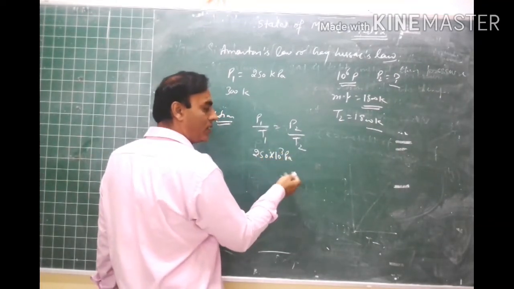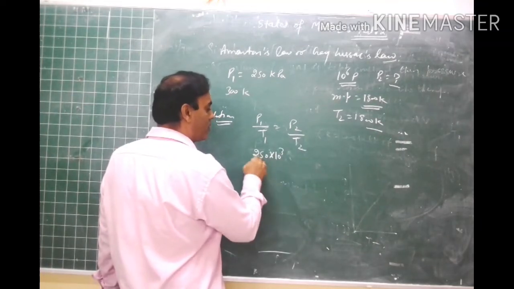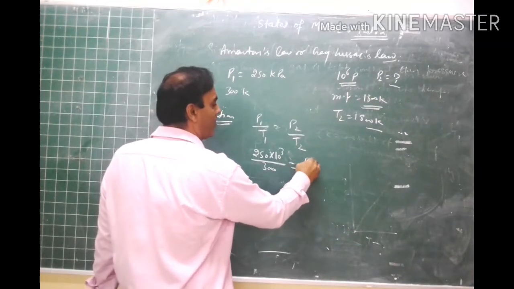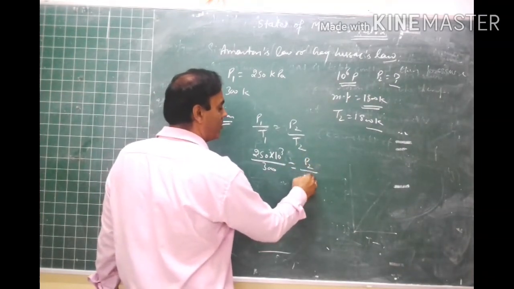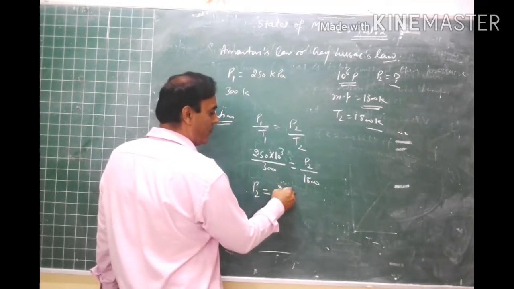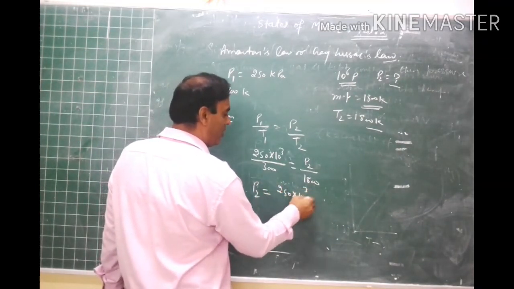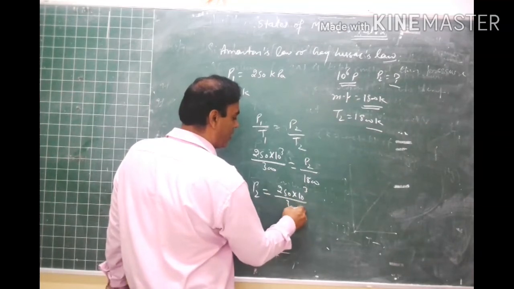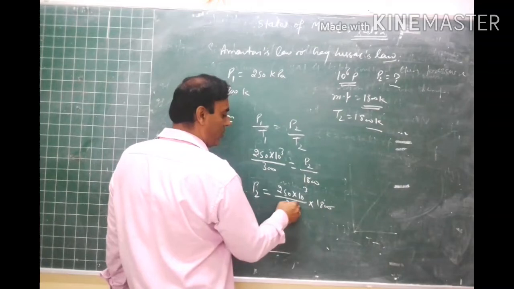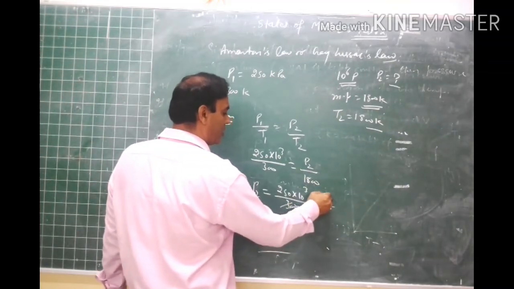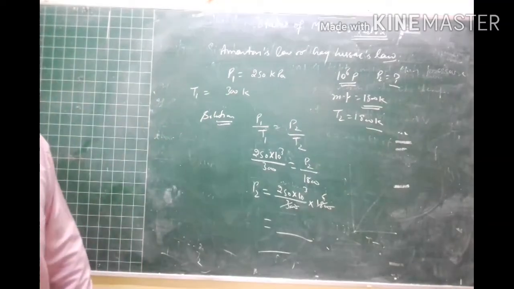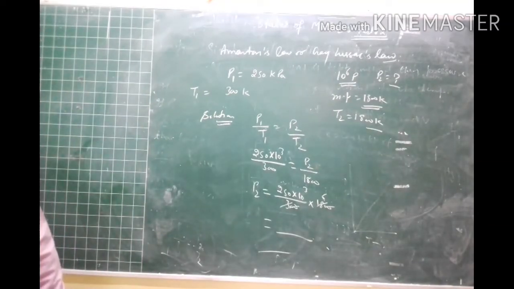You don't need to write units here. T1 is the initial temperature, 300, and the final pressure we have to calculate. And T2 is 1800. Now solve it for P2. That is 250 into 10 raised to power 3 divided by 300, into 1800, and cancel 20 by 20. Then 3 6s are 18. And this will give you 1500 kilopascal.